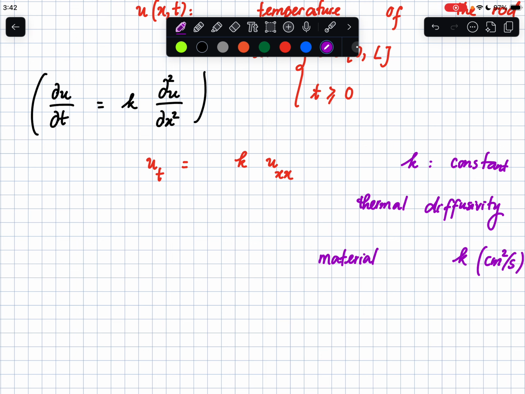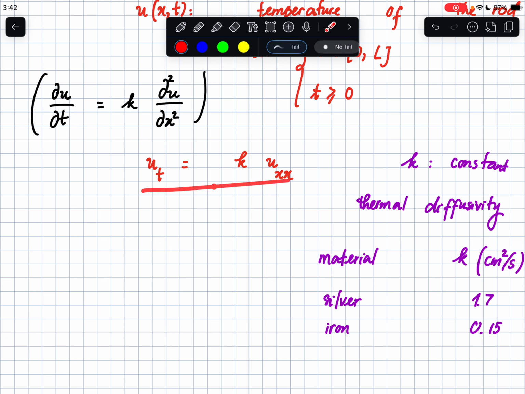For example, if we have silver, then k equals 1.7. If the rod is made of iron, then k is 0.15.